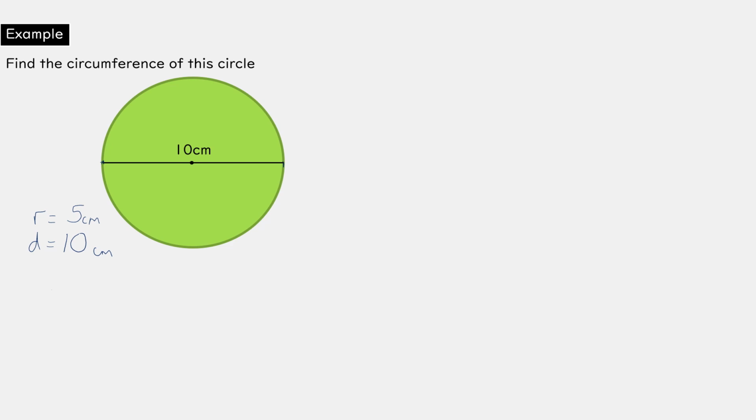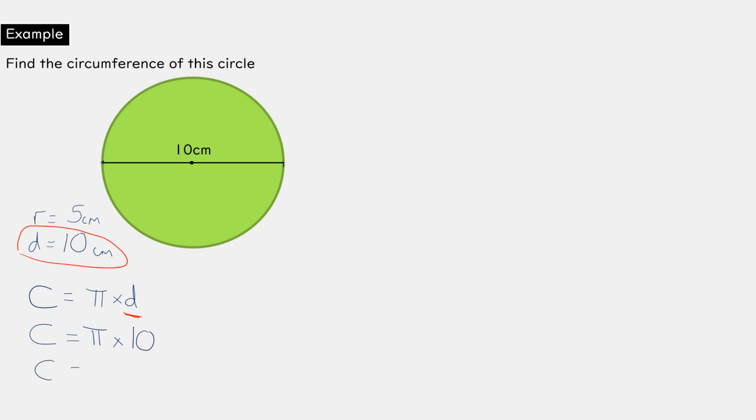Right, this time we've got the circumference, which I'm going to put as C, is the same as pi times the diameter. Okay, so I'm trying to find the circumference. I'm going to continue writing pi for now, but instead of writing D, we're going to replace the letter D, diameter, with the number 10, because I know the diameter is 10.